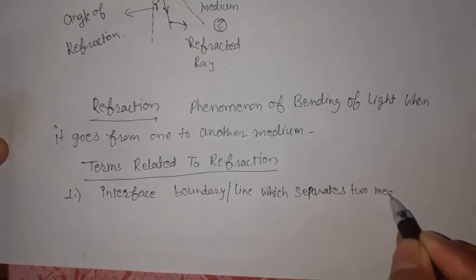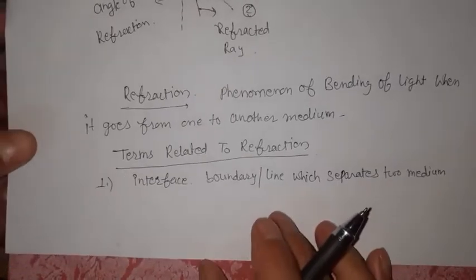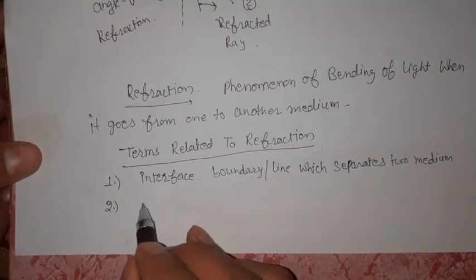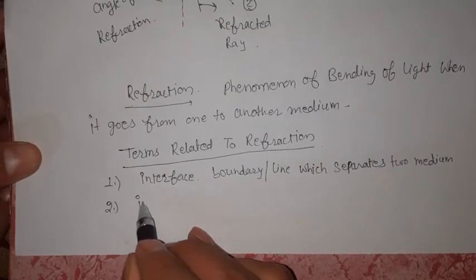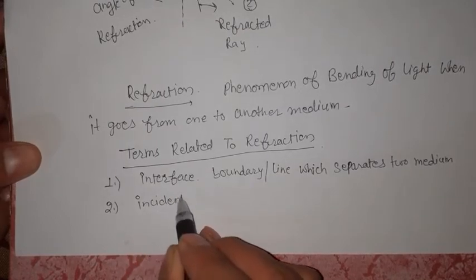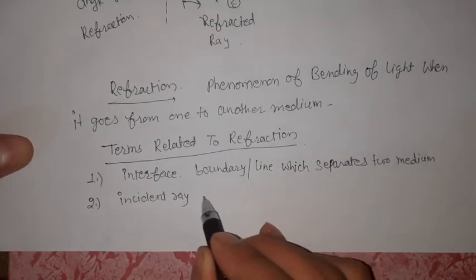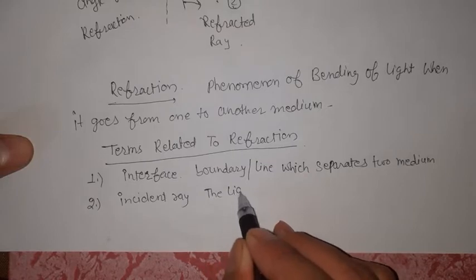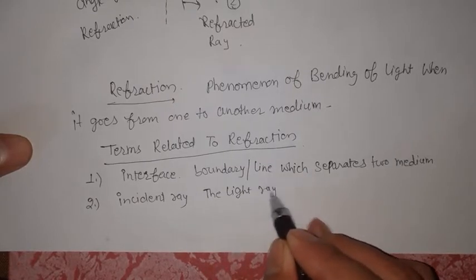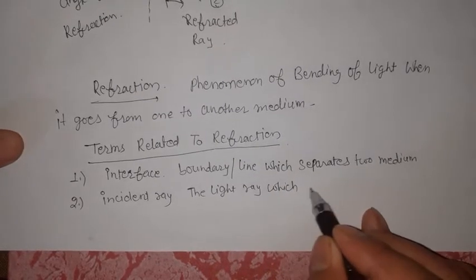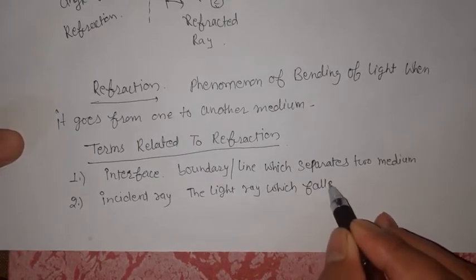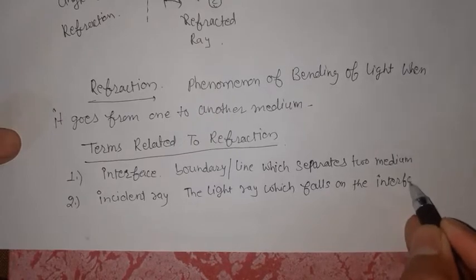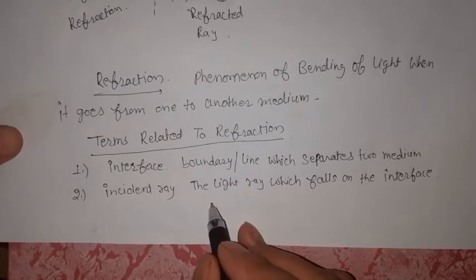So it separates the two media, so this is said to be the interface. Second thing we have over here is the incident ray. So what is the incident ray? The light ray which falls on the interface. Okay, so this is the incident ray.